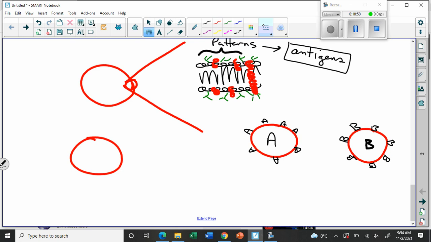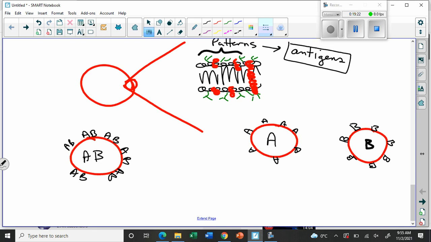When you're building blood cells, your genes tell the body, or the bone marrow, for instance, where to put the proteins and what proteins to put, so they get made with the same patterns. Some people have A's and B's all around on their blood cells. ABs all around. And so we call them type AB.